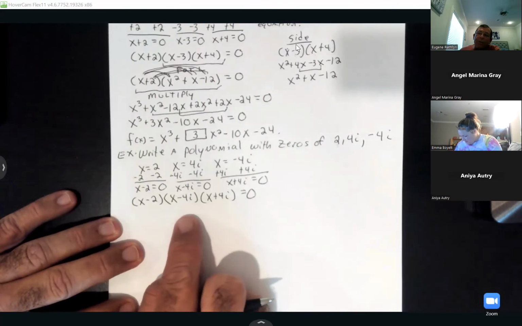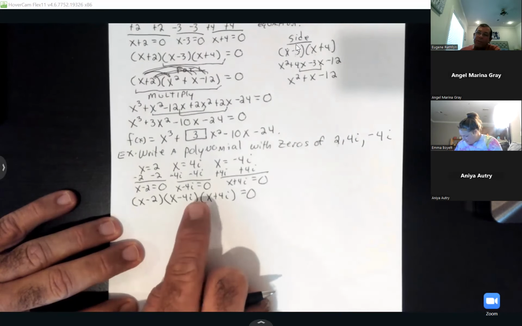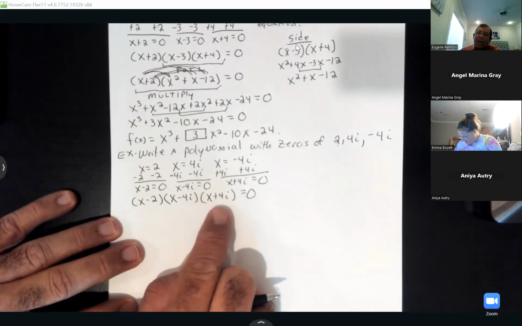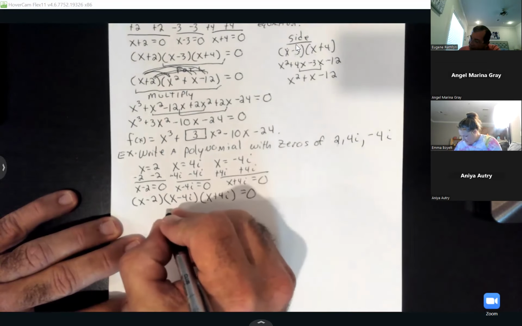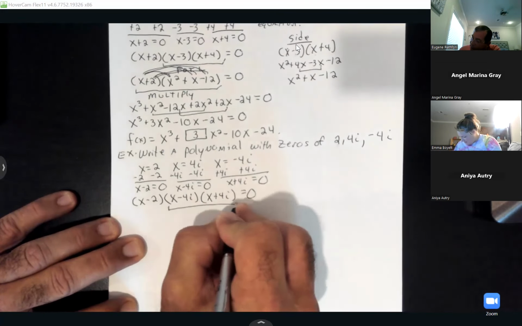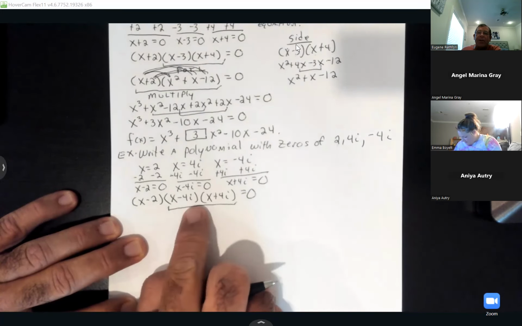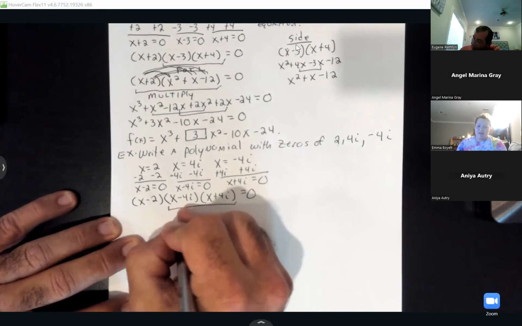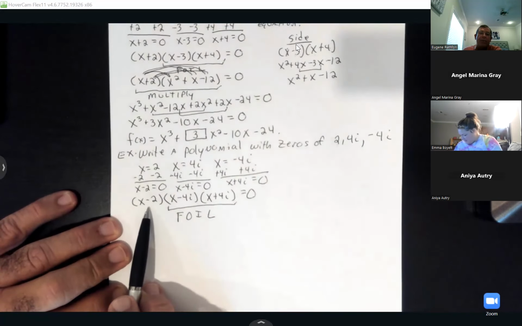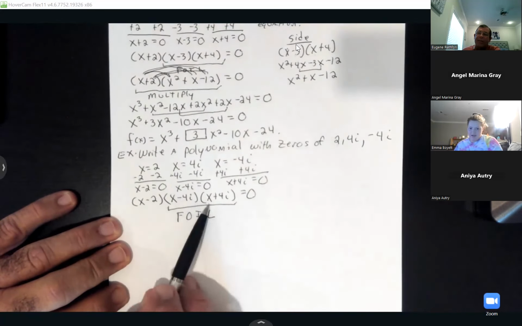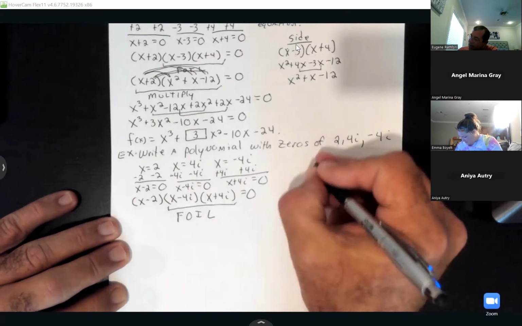Now, when you FOIL this, you want to start with this imaginary stuff. And you'll see when I start FOILing this, but always FOIL the imaginary numbers first. This will get really ugly if you try to do the x minus 2 times one of these, okay? That'll get a little bit ugly.